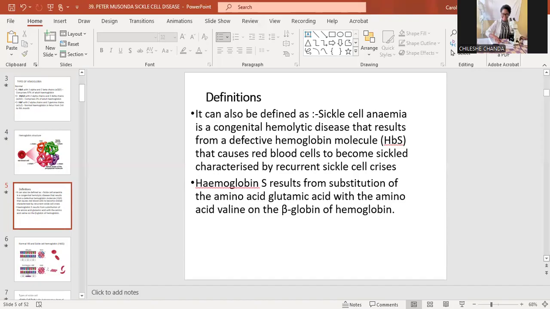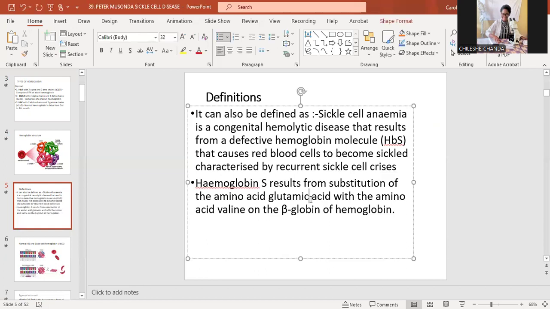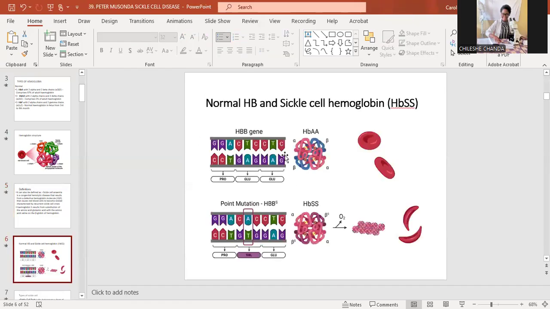Now, hemoglobin S results from substitution of the amino acid glutamic acid with the amino acid valine on the beta globin of hemoglobin. If you look at this chain, there are a number of amino acids on it.